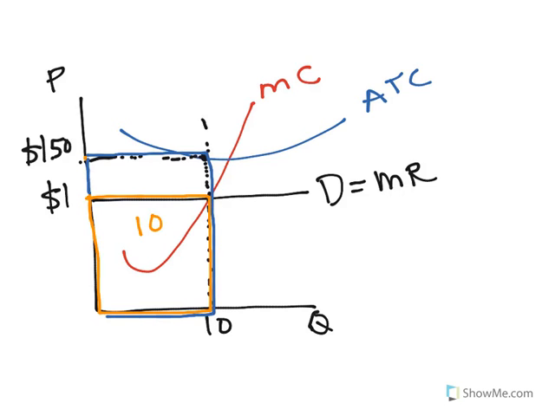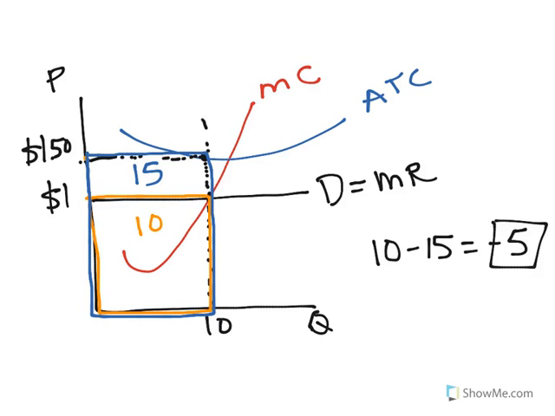So average total costs would be all of this. So you do $1.50 times 10, so the total costs would be 15. So again, you take the difference, 10 minus 15, and you come up with -5. So this firm is having negative economic profit of $5.